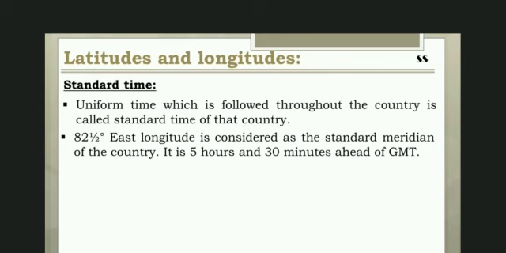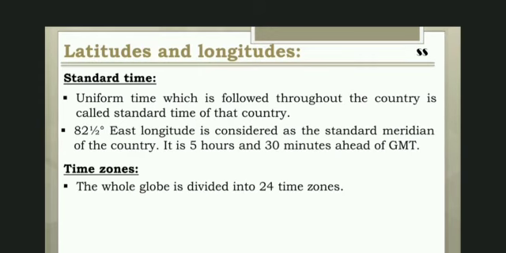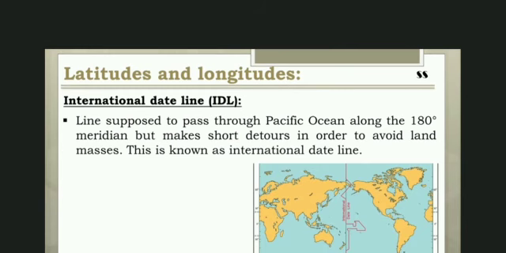It is 5 hours and 30 minutes ahead of GMT. In certain countries of the world where the longitudinal extent is so large, the whole globe is divided into 24 time zones so that the time in each zone differs from the other by only 1 hour.